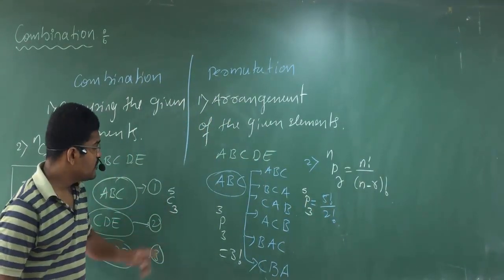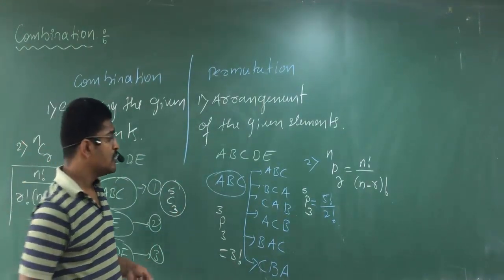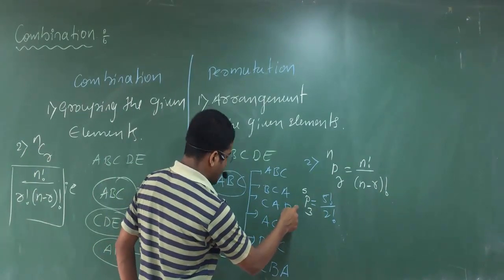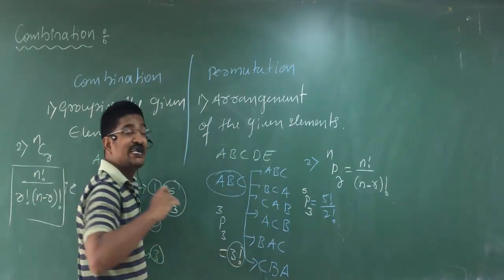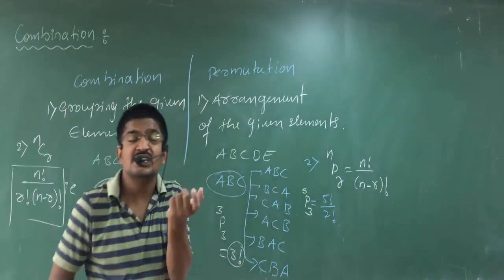Here, I can write only 5C3 combinations. Are you getting my point? So from this 5P3, 3 factorial, that means 6 arrangements from every 3 elements can be done.